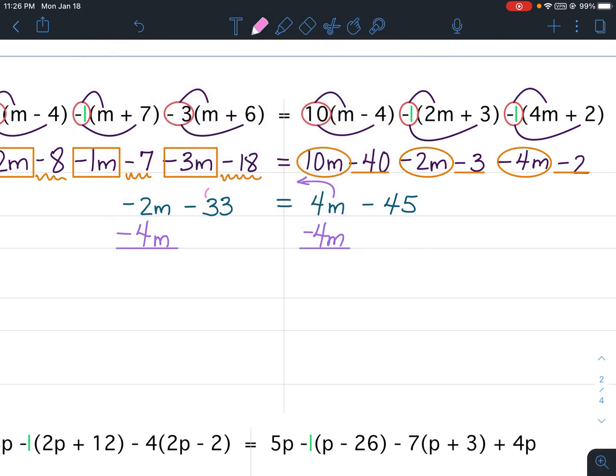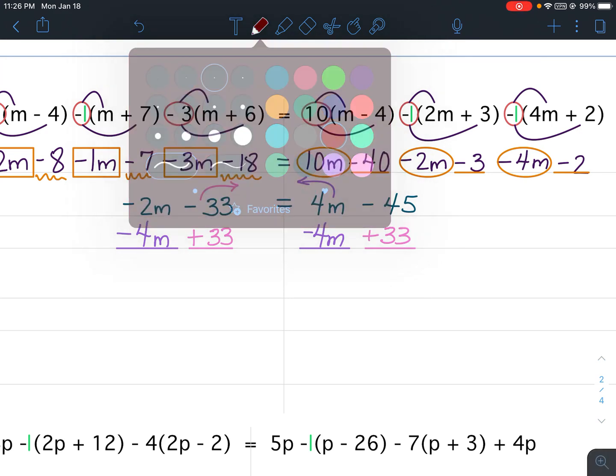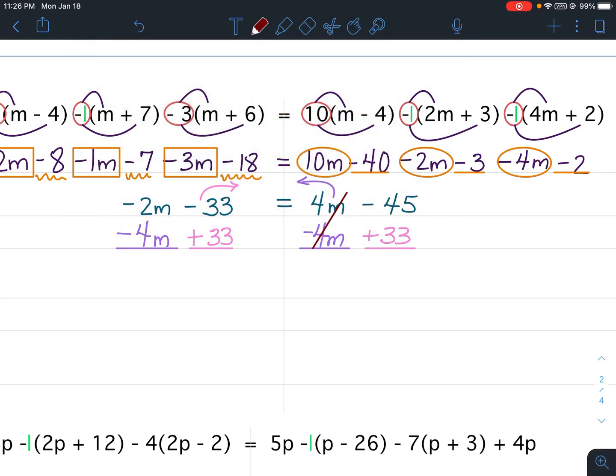Then I'm going to take my constant term to the right. It's negative, so I'm going to make it positive, 33. So the 4m's will cancel, the 33's will cancel.